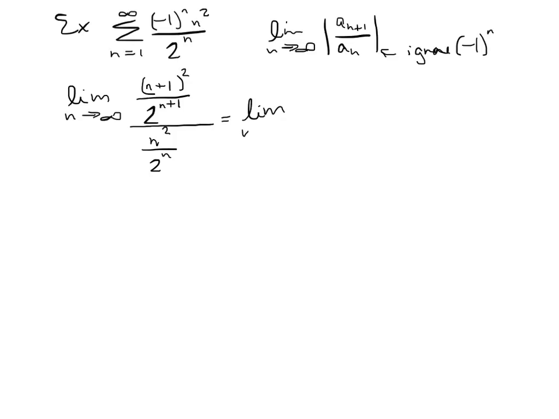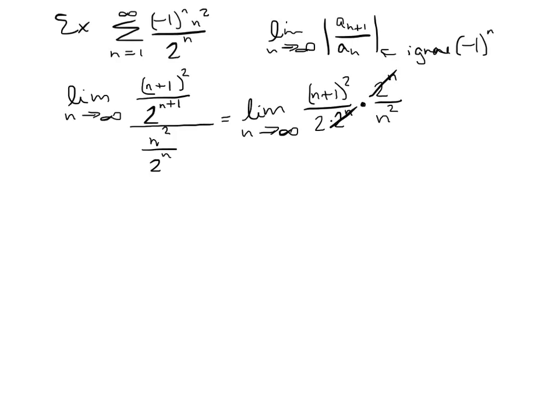So this is a limit as n goes to infinity of n plus 1 squared divided by 2 to the n plus 1. I can rewrite that as 2 times 2 to the n. And then dividing by a fraction, I multiply by the reciprocal. So I flip it and multiply it.